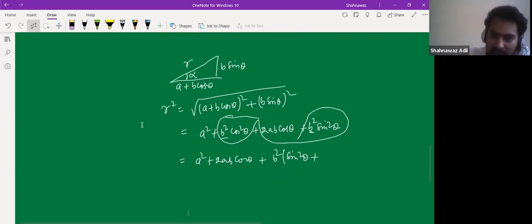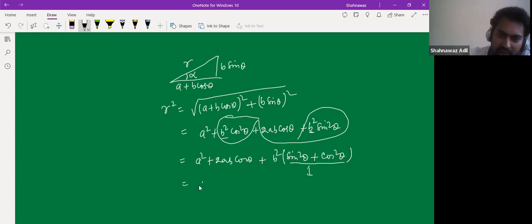So where were you? So this is cos squared theta plus sin squared theta, and you already know that this is 1. Okay. So the resultant will be A squared plus B squared plus 2AB cos theta.